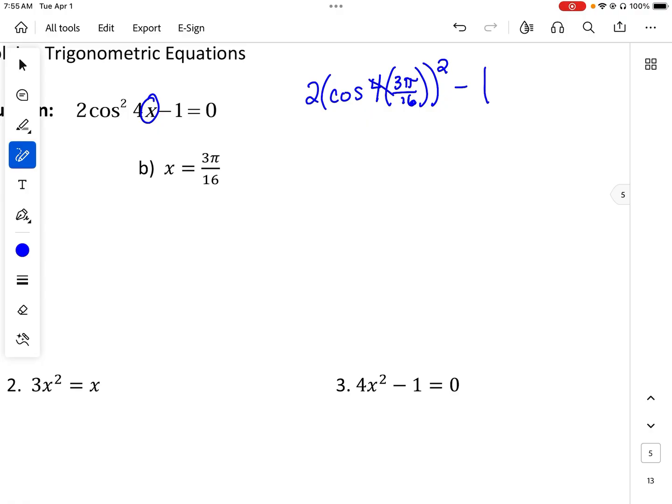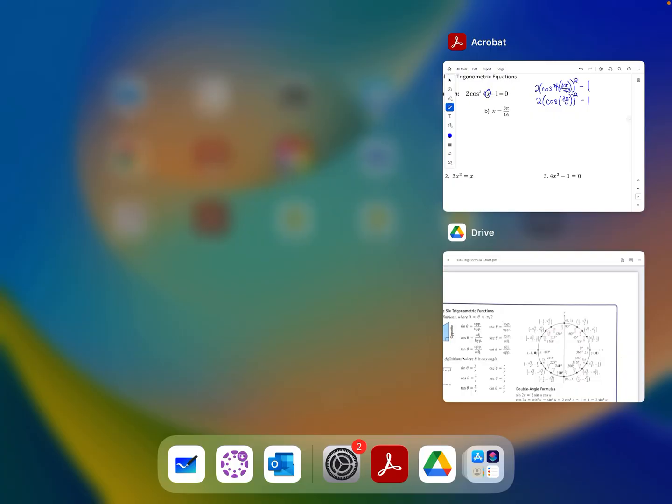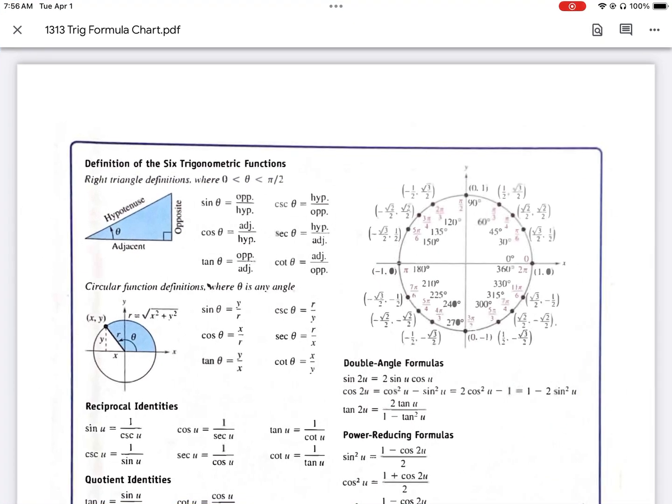Okay, so we simplify the 4 and the 3 pi over 16. So it's 2 cosine of 3/4 pi, squared, minus 1.